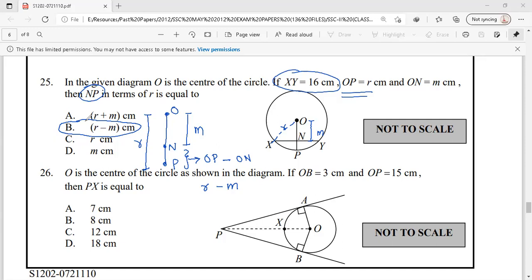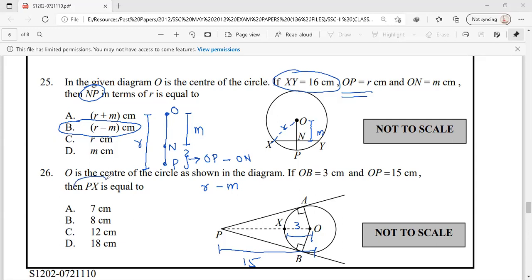In question number 26, O is the center of the circle and OB, the radius, is equal to 3. OP is the distance of a point through which two tangents are drawn to the center of the circle, and its value is 15. We have to find the value of PX. As we can see, OB is the radius, so this side OX will also be equal to 3, because this is also a radius of the circle, and OP is the whole distance from O to P, that is 15.